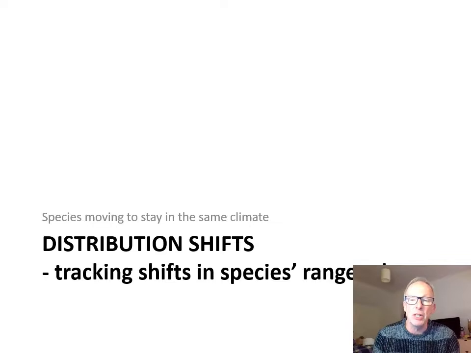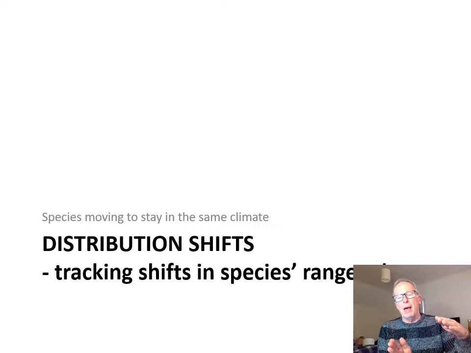Those species are shifting their distributions to stay in the same temperature ranges as the temperatures go up across the globe. So the lines of equal temperature, or isotherms, tend to move away from the equator towards the poles. So distribution shifts are a main response to warming temperatures.